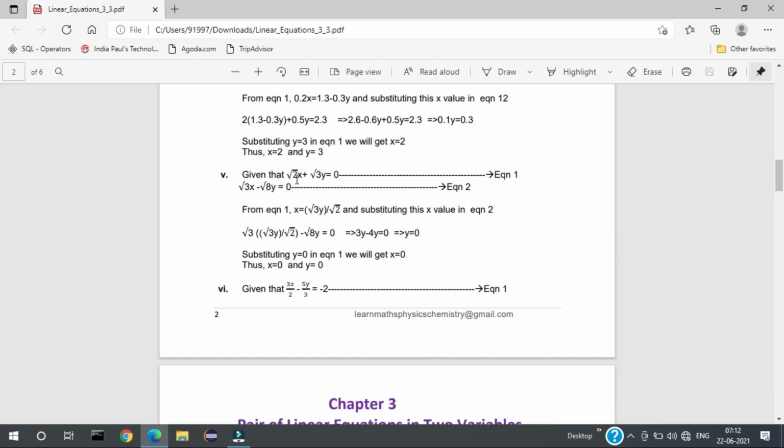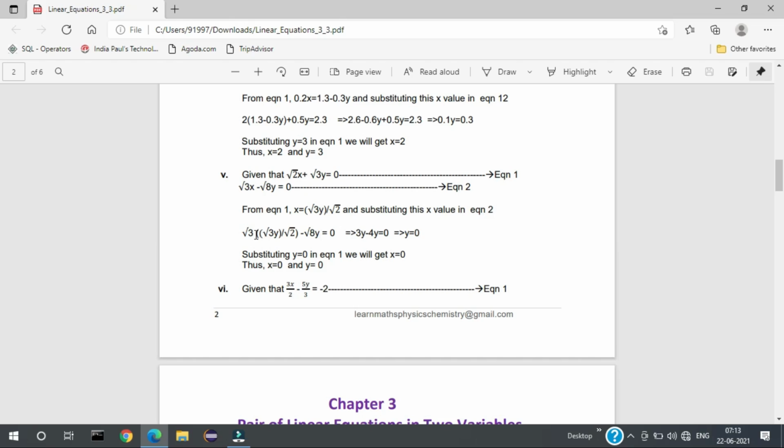Given that root of 2 x plus root of 3 y equals 0. Equation 1. Root of 3 x minus root of 8 y equals 0. Second equation. From equation 1, x equals root of 3 y by root of 2 and substituting this x value in equation 2.